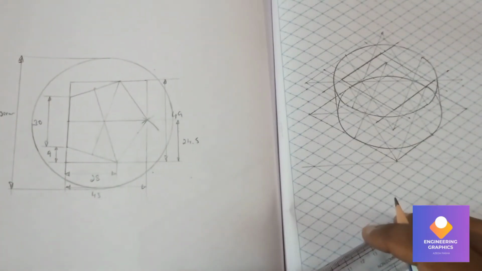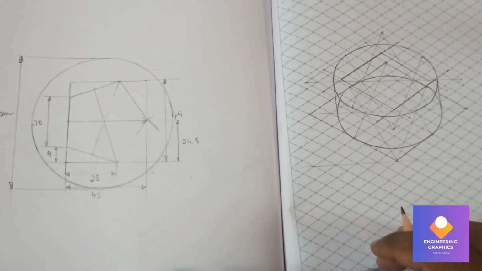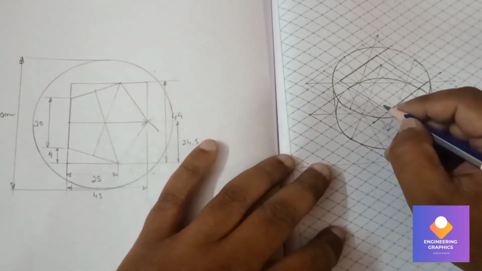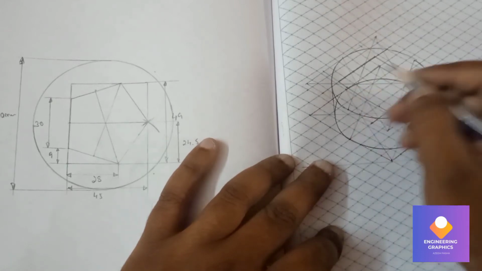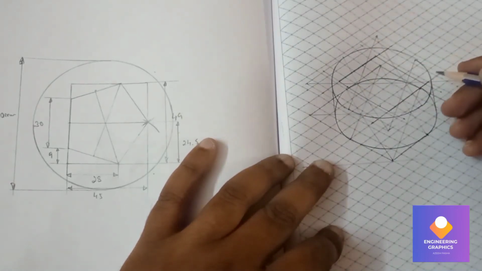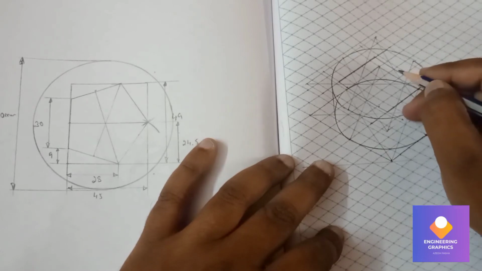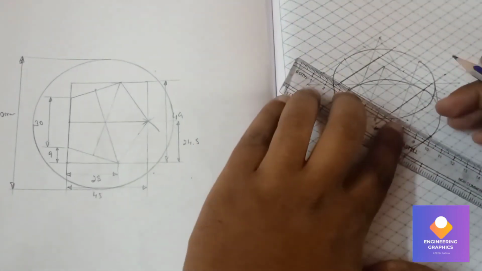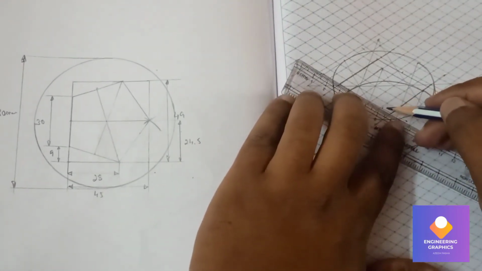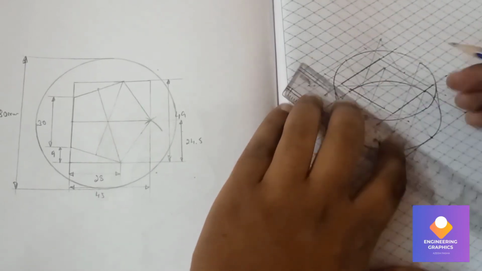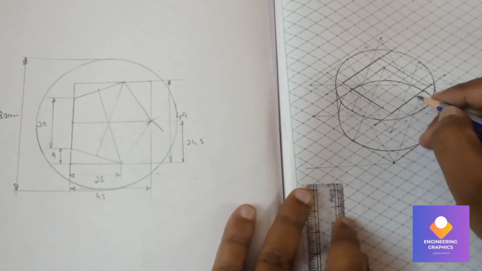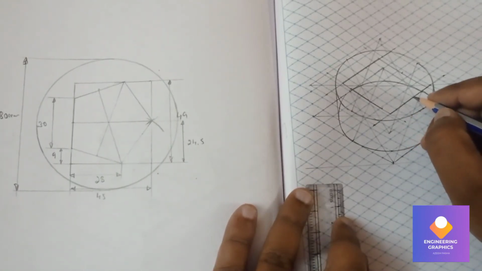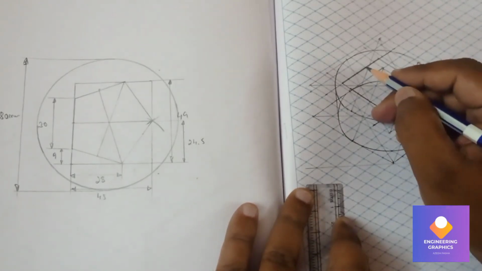Now you can see we have already measured the box in the pentagon. We should use those point lengths such as 9, 28 and all. I'll be marking 9 here on either side, and then I'll be marking the middle point, that is 24.5. Then I still need to mark 28 here, so 28 I'll be marking here and here.